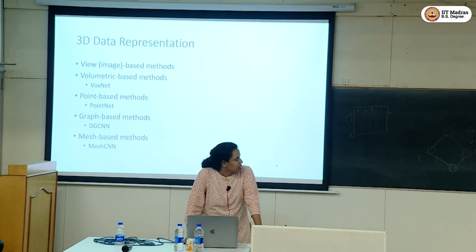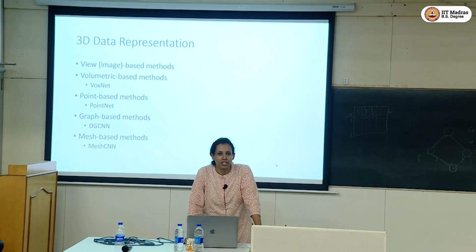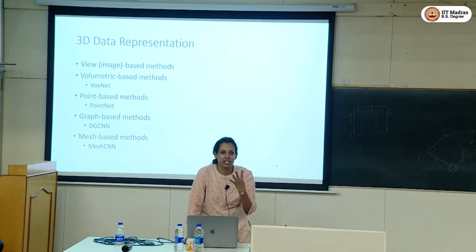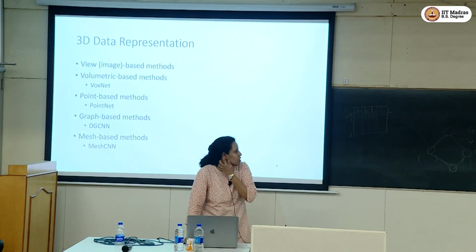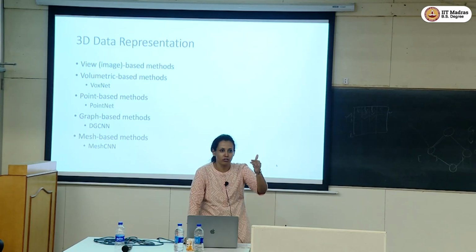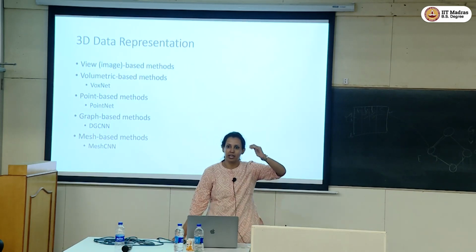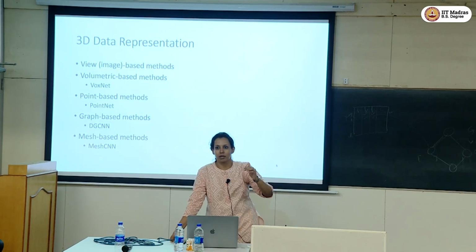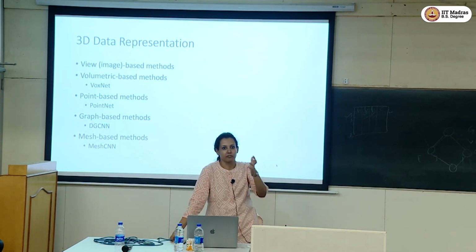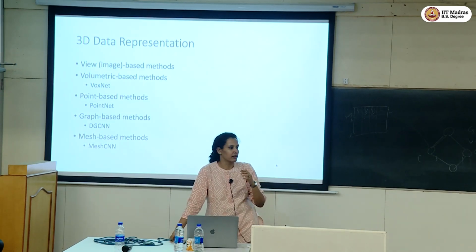Okay, I think I'll skip these. So basically my idea was to mention that there were 4 representations that I mentioned: multi-view, volumetric, point cloud, and then mesh. So this was the flow: initially multi-view papers came, and then they said, okay, what is the problem with that? So volumetric came, which was saying that can we use 3D CNN instead of 2D CNN.